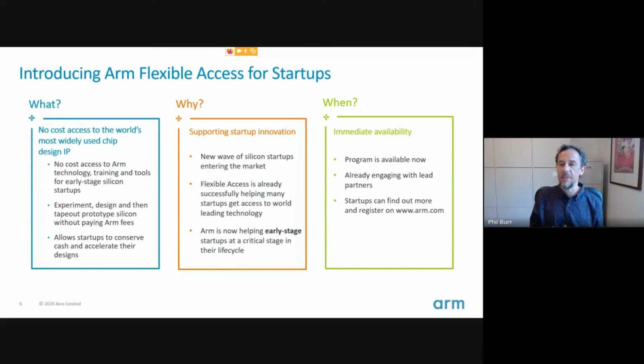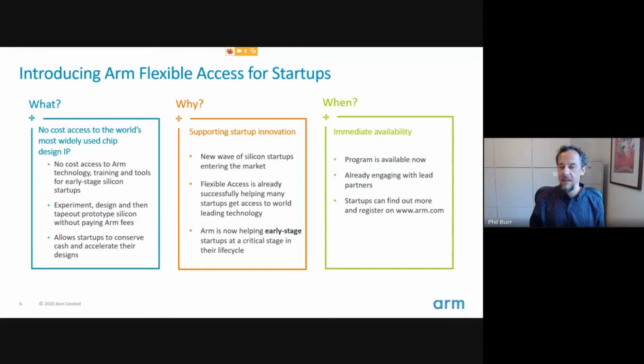Some of the startups said to us that Flexible Access was fantastic, but wouldn't it be really good if they could get access to Flexible Access as early as possible in their cycle? And we thought, well, actually, why not? Why don't we just make it as easy as possible and lower those barriers? And so that's why we've done this.